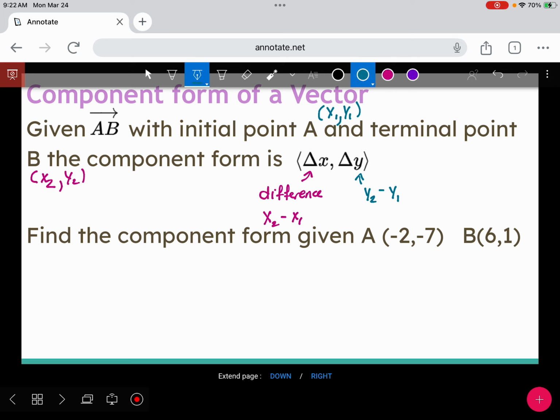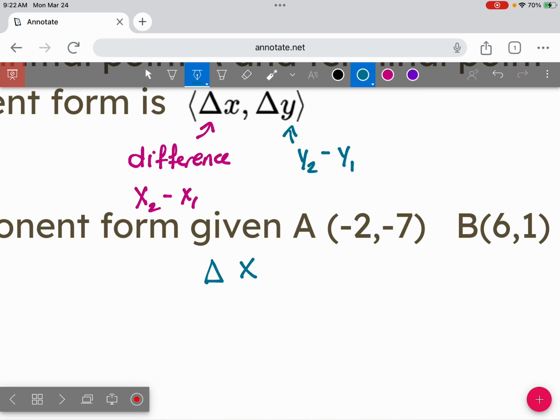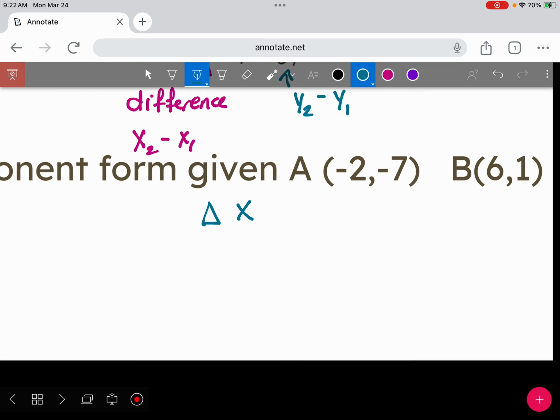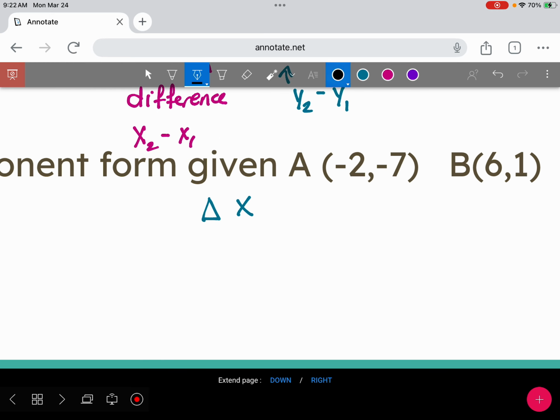So we want to find the difference in our x's. So if I was to write this, we could take our x of 6 minus the x over here, negative 2. What is 6 minus negative 2?